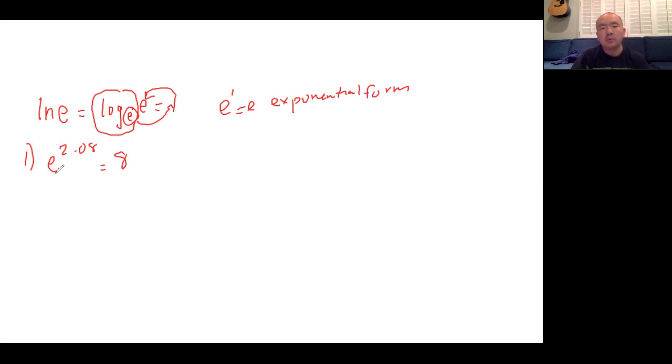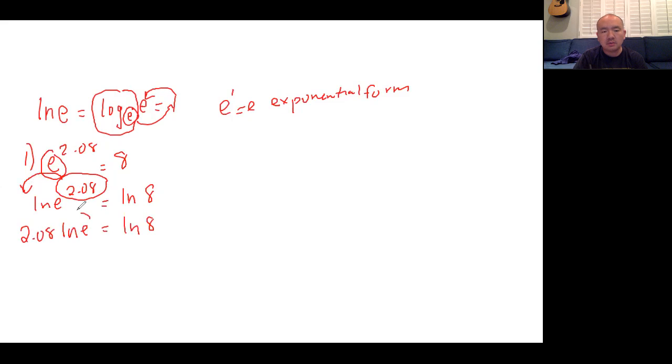Okay, so now when you have number 1, let's say number 1 is e to the 2.08 power equals 8. Because you have the e right here, you want to put the ln's on both sides. Okay, now we have this here. This goes over to the front, right? So it'll be 2.08 ln e is equal to the ln of 8.